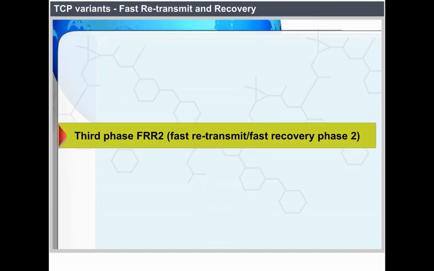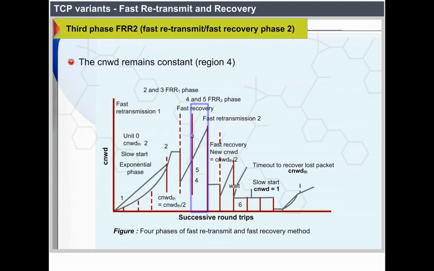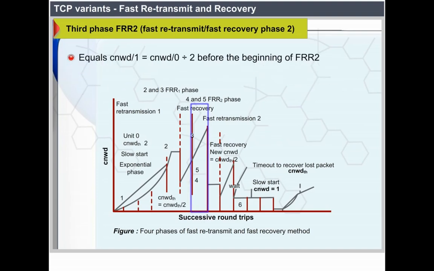Third phase, FRR2, fast retransmit or fast recovery phase 2. The CNWD remains constant in region 4, equal to CNWD1, which is equal to CNWD0 divided by 2, before the beginning of FRR2. After this occurs the fast recovery, region 5.